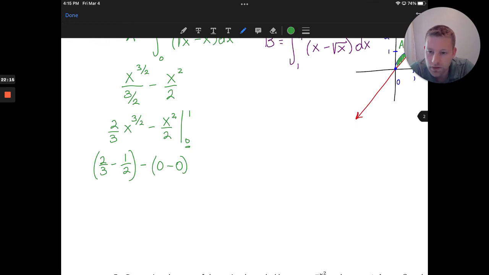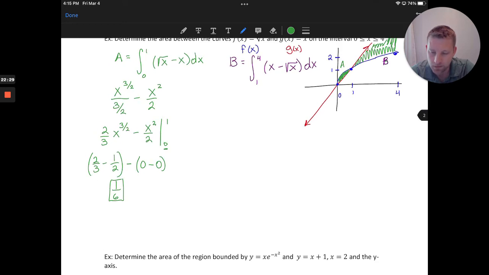So when you put these two fractions together, 2/3 minus 1/2, you end up just getting 1/6 unit of area there for that solution. 1/6. So that would be kind of a tiny area there between 0 and 1.